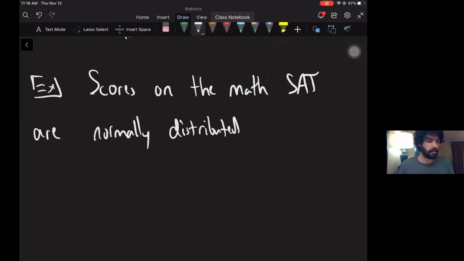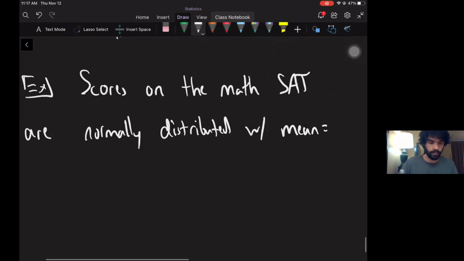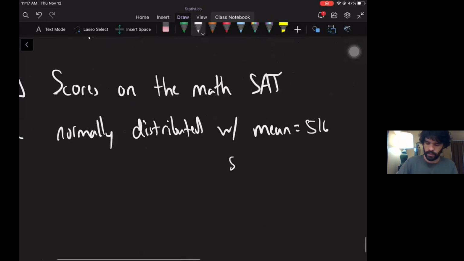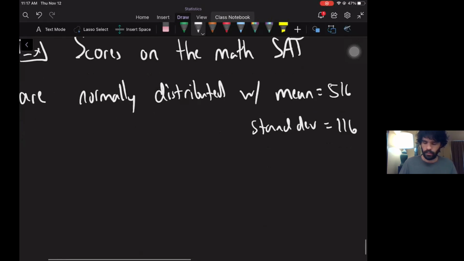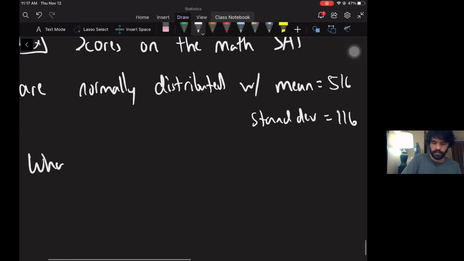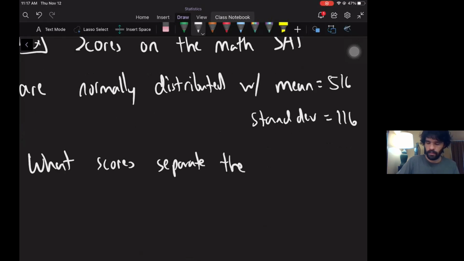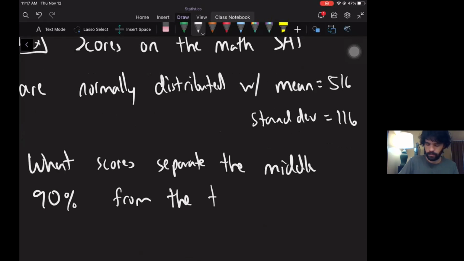So I'm able to draw this bell curve, and it has a mean attached to it and a standard deviation attached to it, just like always. That's not going to change. But what we want to find out often changes. So this time we want to find out what scores separate the middle 90% from the top and bottom 5%.